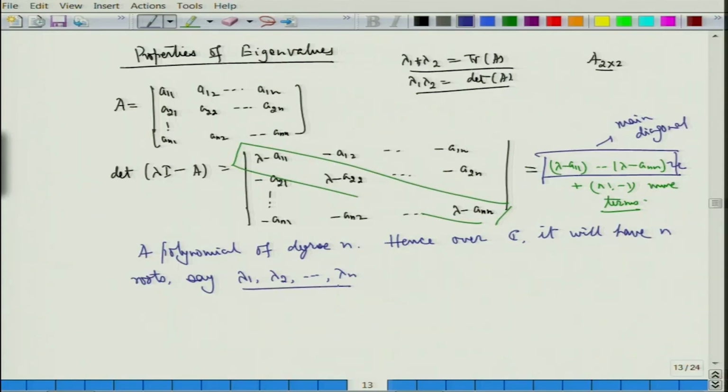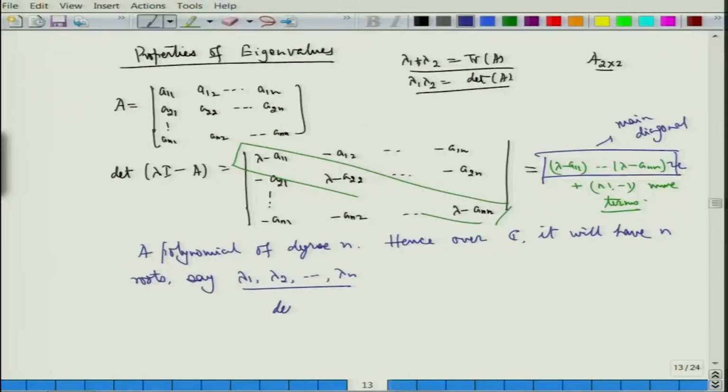They may be distinct, but they may not be distinct, that I am not bothered about, but they will have n roots. Once I have n roots, if I look at determinant of lambda I minus A, this was nothing but the characteristic polynomial. Since these are the roots, I can write this as lambda minus lambda 1 into lambda minus lambda 2 till lambda minus lambda n. I can write like this, because those are the roots.